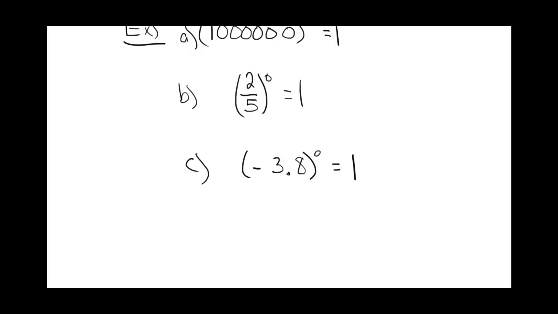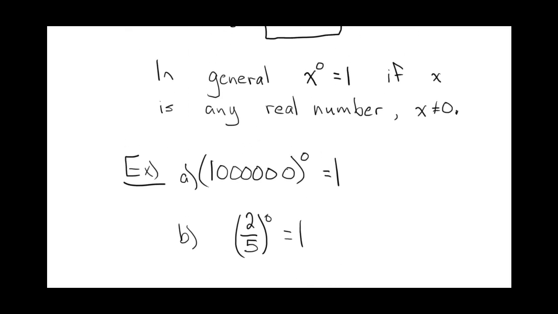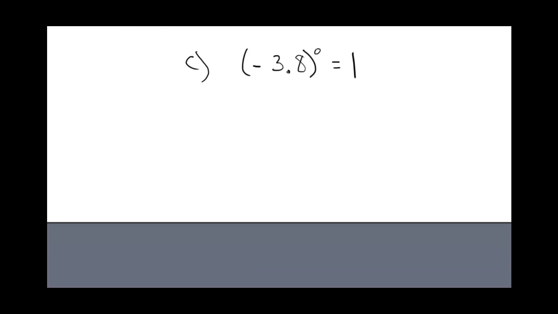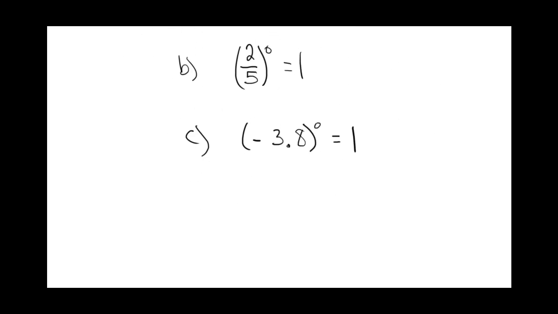Okay, so that's all you need to know about zero exponents. The one exception I made here was that x cannot be equal to 0. You should just be aware of this: 0 to the power of 0 is meaningless, or you might also say it's undefined.